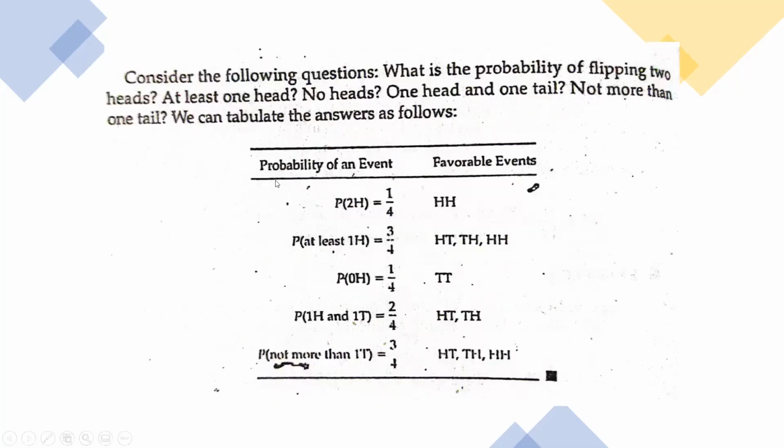As you have seen in the previous picture, there are four possible outcomes. Whenever we are flipping two coins, the chance of having two heads is 1 by 4. At least one head is 3 by 4. No heads is 1 by 4 because of tails and tails, and similarly like this. So we can divide these into the probability of events.